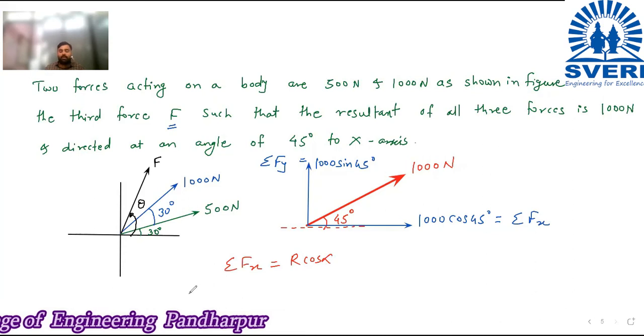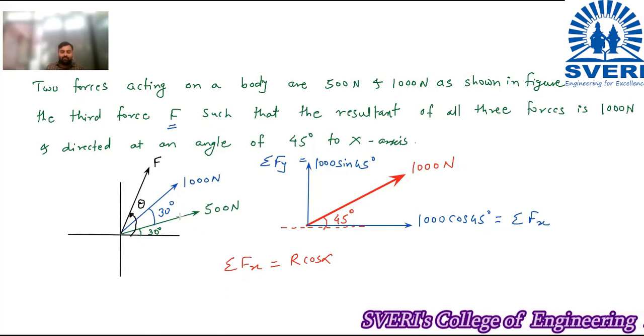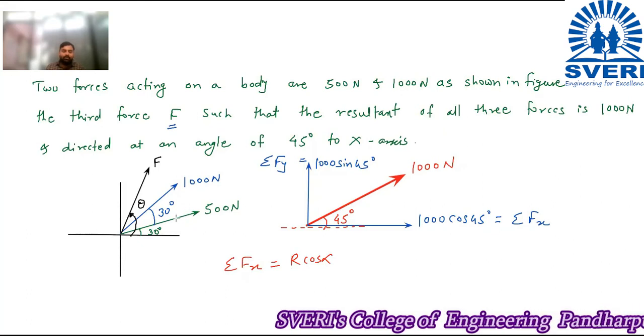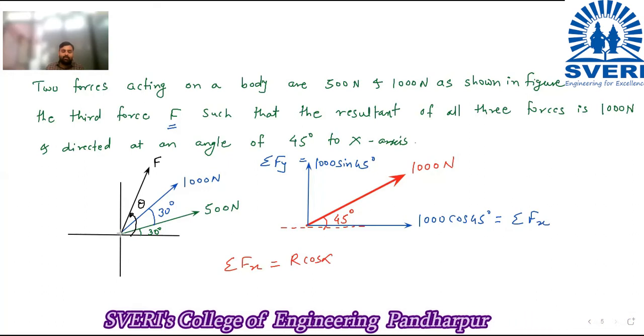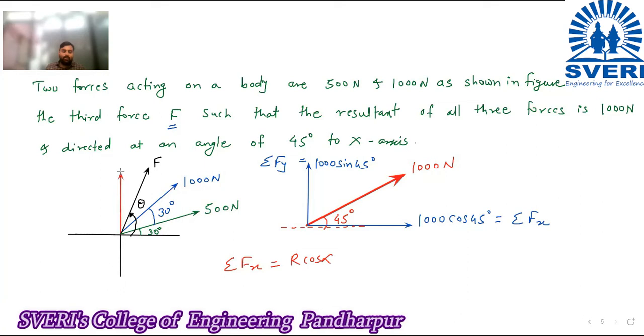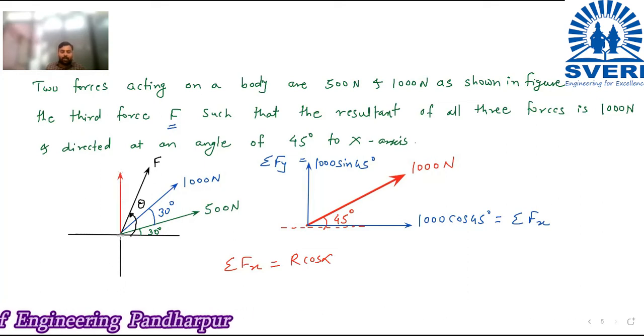To calculate the summation Fx, first we need to resolve the forces. So I will resolve the forces now. For your understanding, I will show the resolution here only. This is 500 Newton. One line parallel to y, another line parallel to x. Now the components are there.